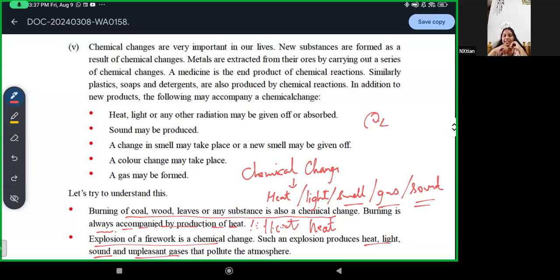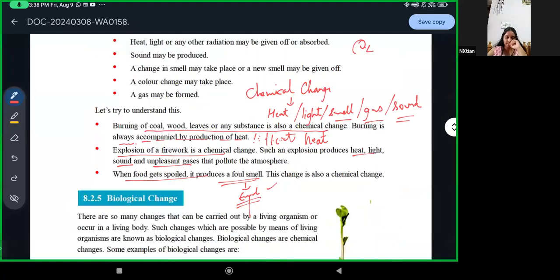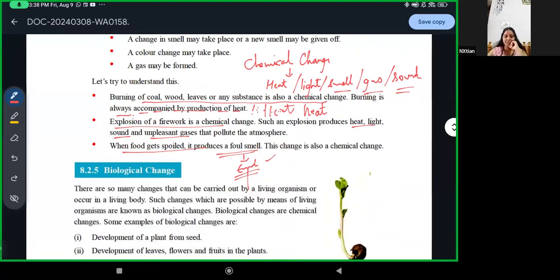Yes, Abraham. Ma'am, a chemical change takes place when you burn a matchstick. Wow, that's right. Very good. Anaya, do you want to give an example of a chemical change?